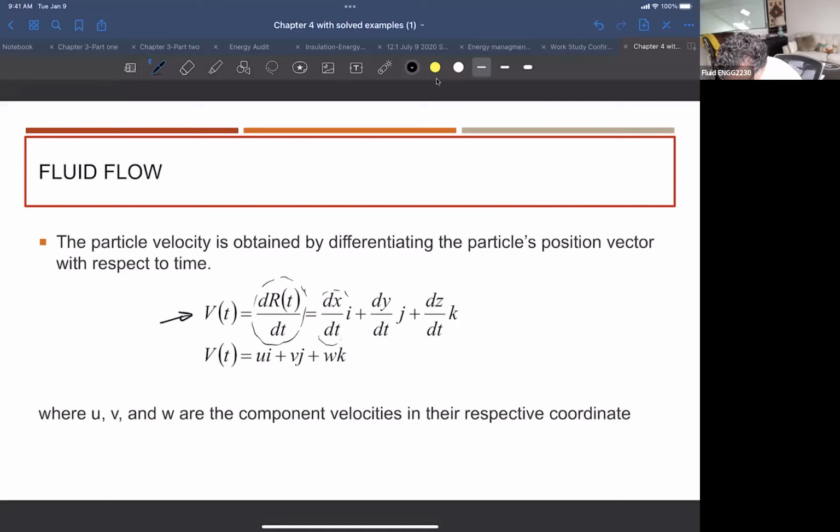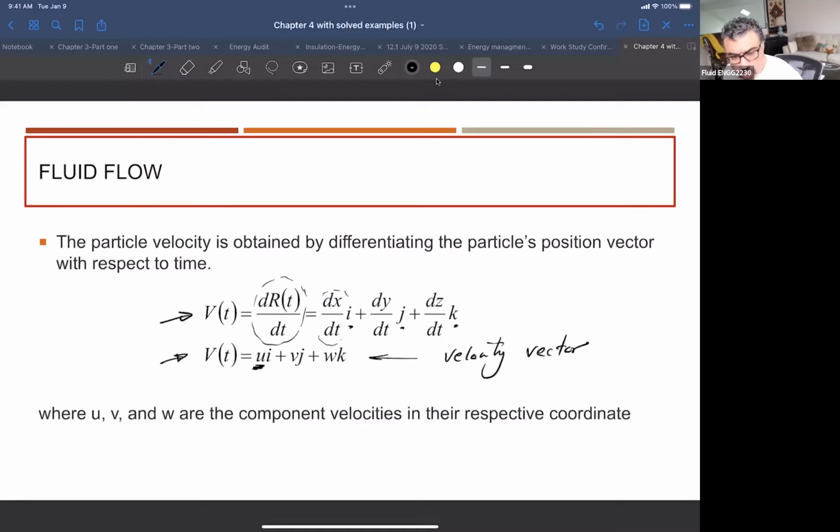So the velocity will be dx by dt, dy by dt, dz by dt, with components i, j, k. So by differentiating the position vector with respect to time, I now have what we call the velocity vector.